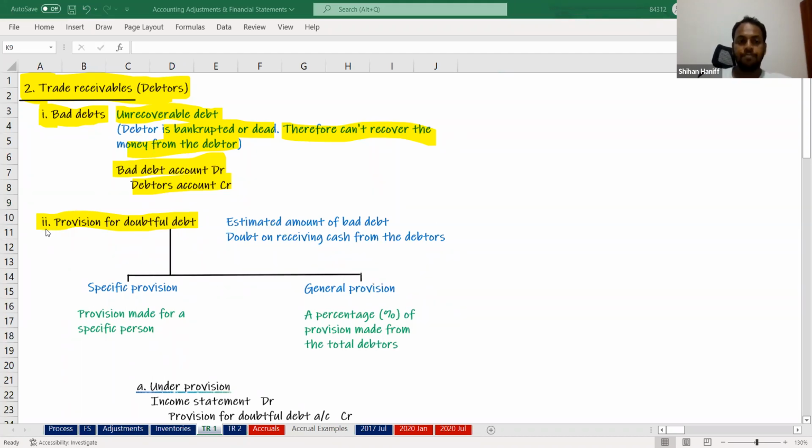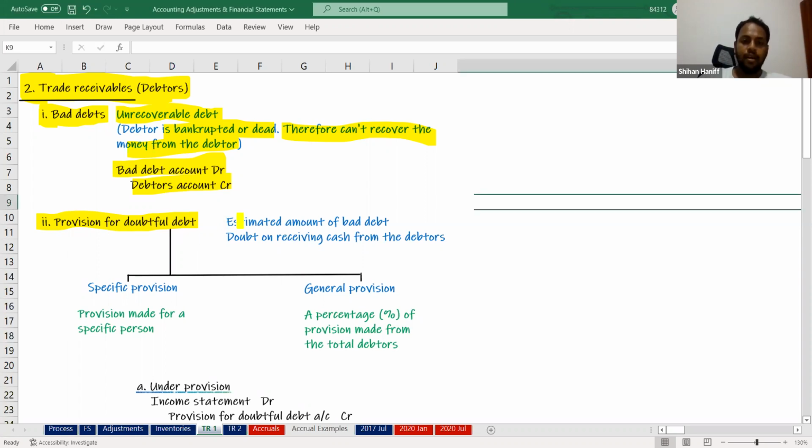Number 2 is provision for doubtful debt. This is the estimated amount of bad debt. We are estimating that in future these debtors could be bad debt. That means you have a doubt on receiving cash from the debtors.